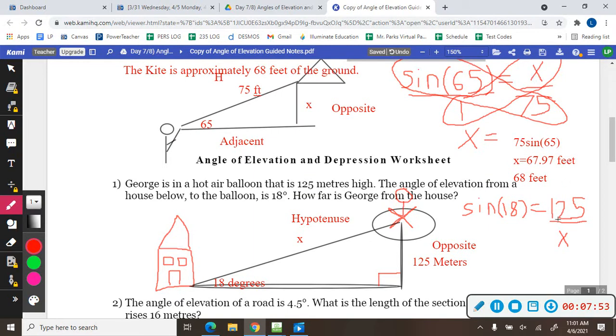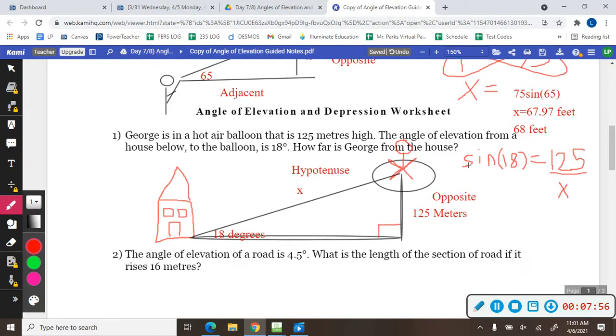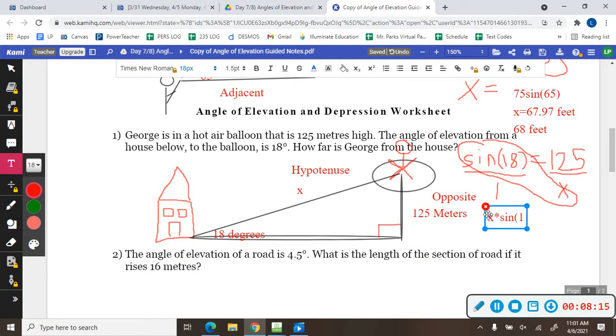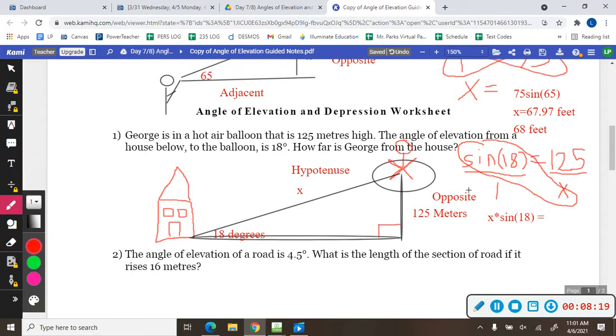They're a little bit different when x is on bottom, because now when you put it over 1 and you cross multiply, you get sine of 18 times x is equal to 1 times 125, which is just 125.